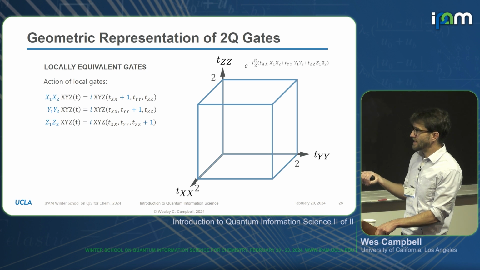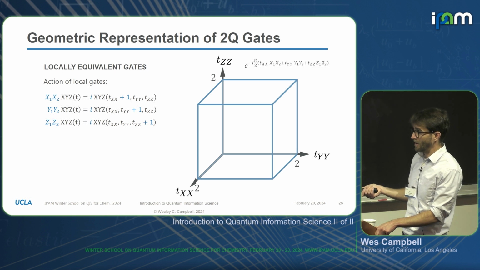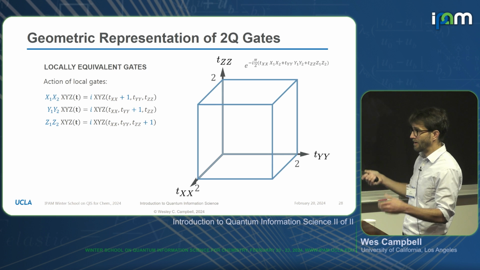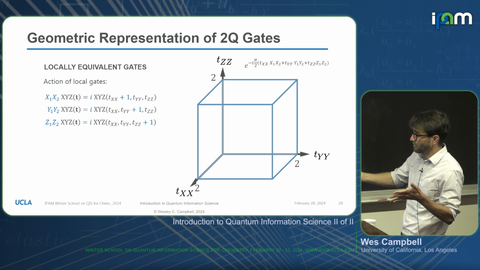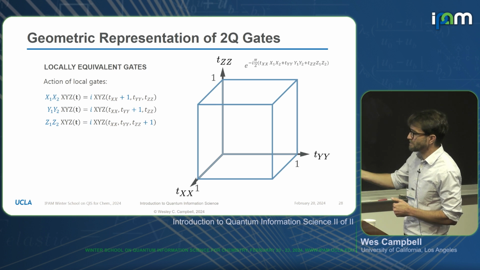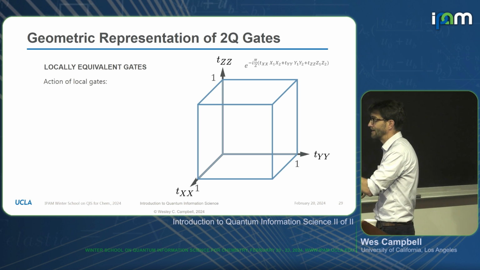So we don't actually need this cube of side length 2. We already have found that within local gates, we only need to specify t on the interval between 0 and 1, not between 0 and 2, because we say that these are equivalent, right? So we now have a smaller cube, or smaller 3-torus, if you like, okay?